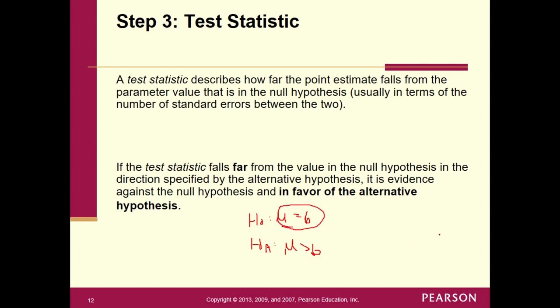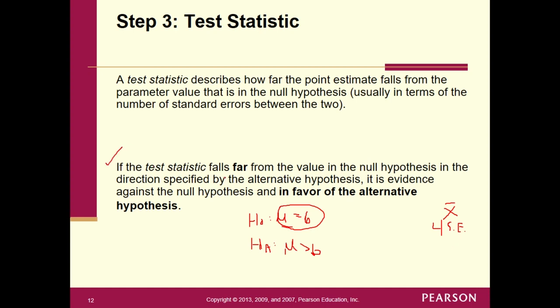Let's say that it turns out to be, I don't know, 4 standard errors away. Do we expect things to be 4 standard errors away? Probably not. So if our x bar happened to be 4 standard errors away from 6, and this was a very valid random sample, what does that say about the null hypothesis? It probably says that the null hypothesis is incorrect, that mu couldn't be equal to 6 because our x bar turned out to be 4 standard errors away. That's too far away.